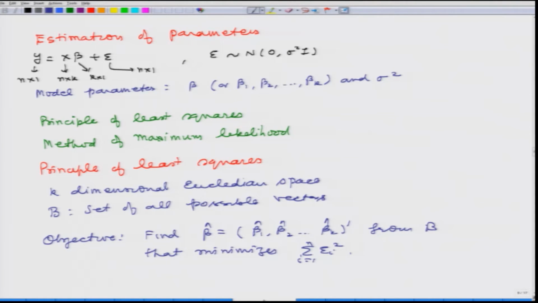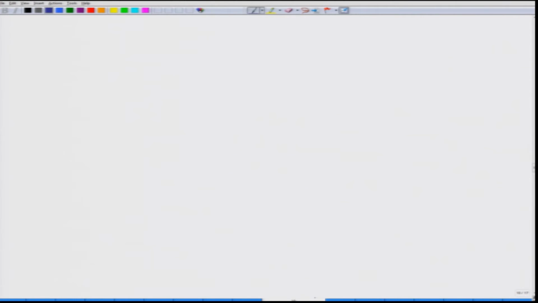Okay. So, now let us try to do it. So, we will define here a function, say S beta, which is summation i goes from 1 to n epsilon i square, and this I can write as epsilon transpose epsilon, where epsilon is an n cross 1 vector, right. Now the same thing can be written with epsilon as y minus X beta: y minus X beta transpose times y minus X beta.